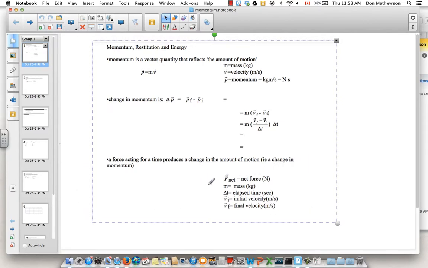And largely, this is really a reformulation of Newton's second law, and it's not intrinsically useful on its own, except insofar as the collision problem is concerned. For collisions, if they happen in a closed system, and the closed system just means they're cut off from the outside world, and therefore the only forces that act on them are internal forces.